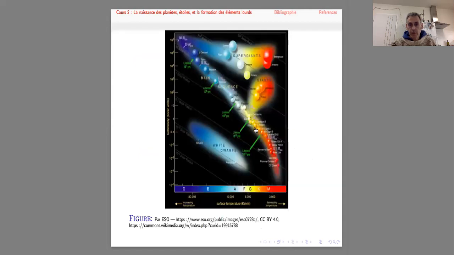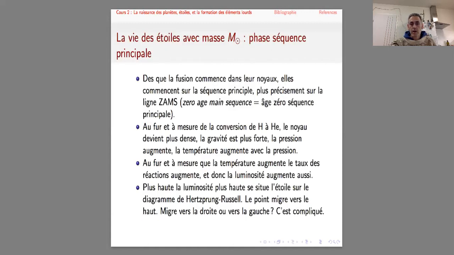So, for instance, the sun will migrate. This is 5 billion years from now. The sun will leave this main sequence, migrating to the right because its surface temperature is dropping, but migrating up because its luminosity is simultaneously increasing.